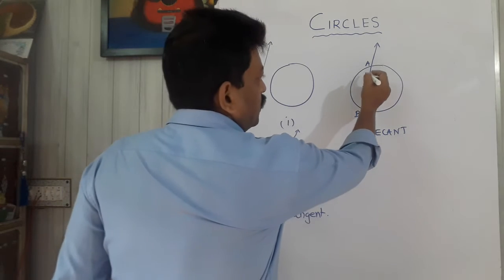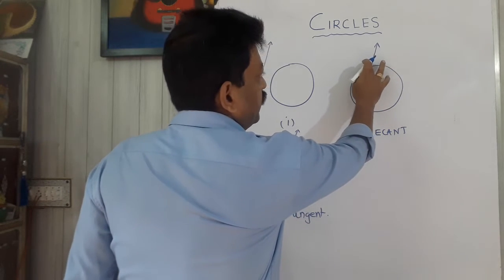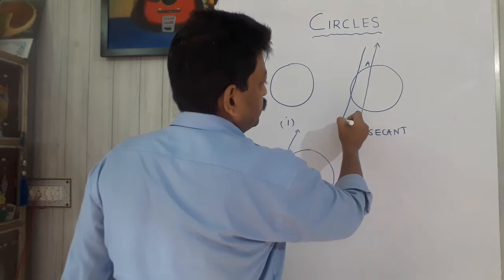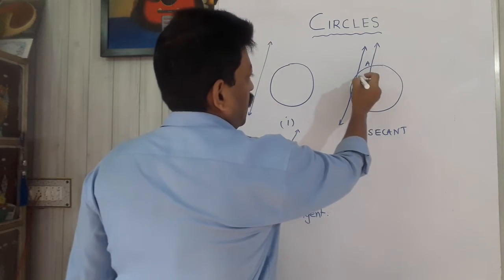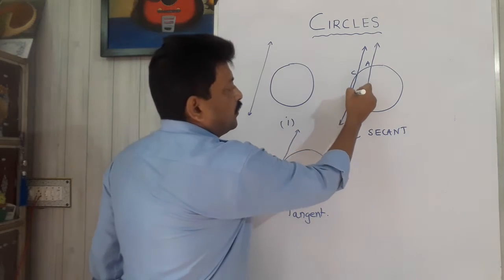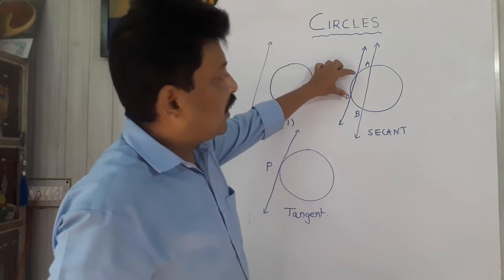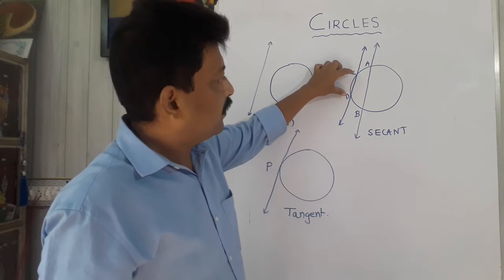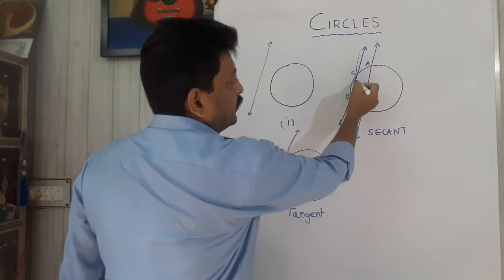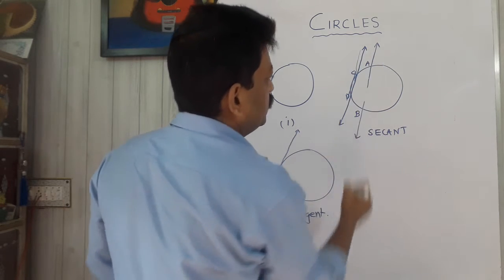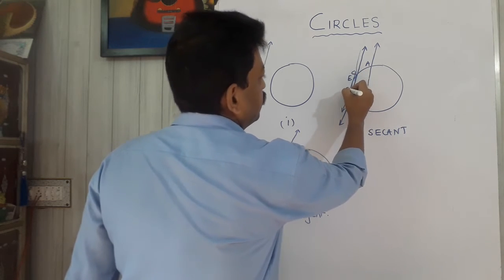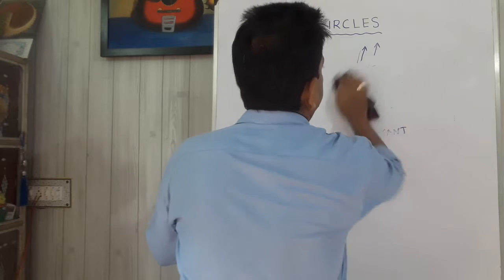Now suppose the line, instead of passing through A and B, is passing through two different points, suppose C and D. Here you can see these two points are much closer to each other. Now if another line is drawn, suppose it is E and F, let me draw a bigger diagram.